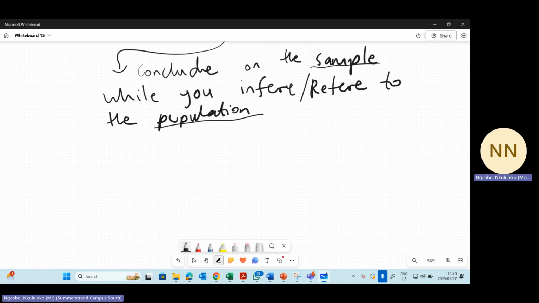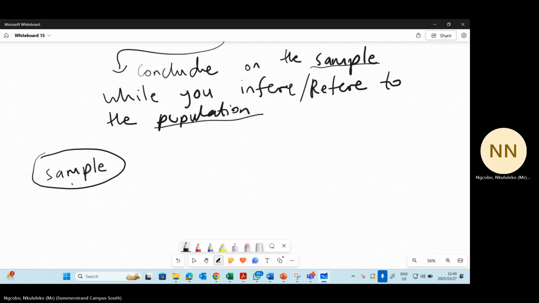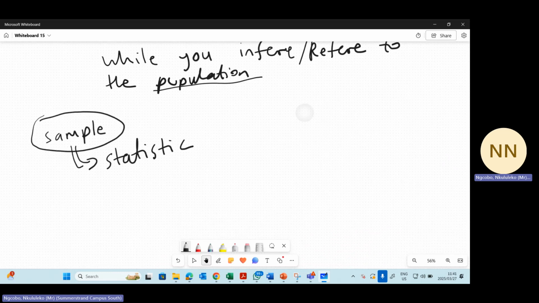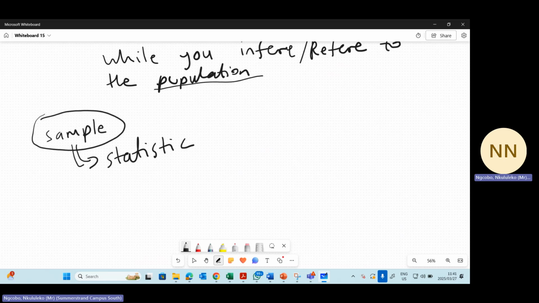Now, if you look at the sample, all the statistics, so everything that is calculated here, which is an estimate, is of random sampling, right?